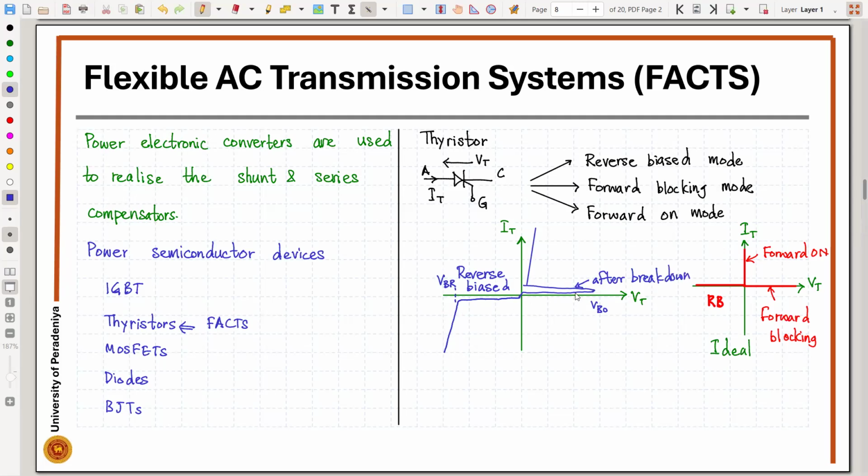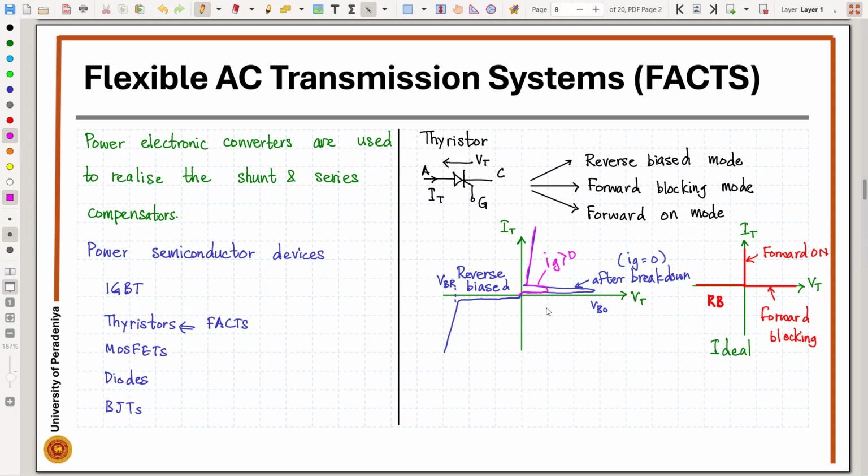Till the breakdown happens, the device can withstand the voltage. So here Ig is 0. The gate current is going to be 0. But in the on state, after a certain voltage, if we give a current flow, then it is going to follow this curve. So this is for Ig greater than 0.